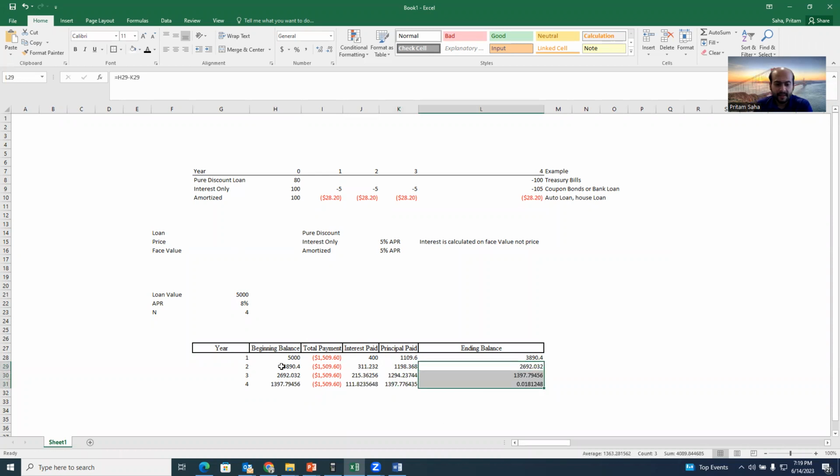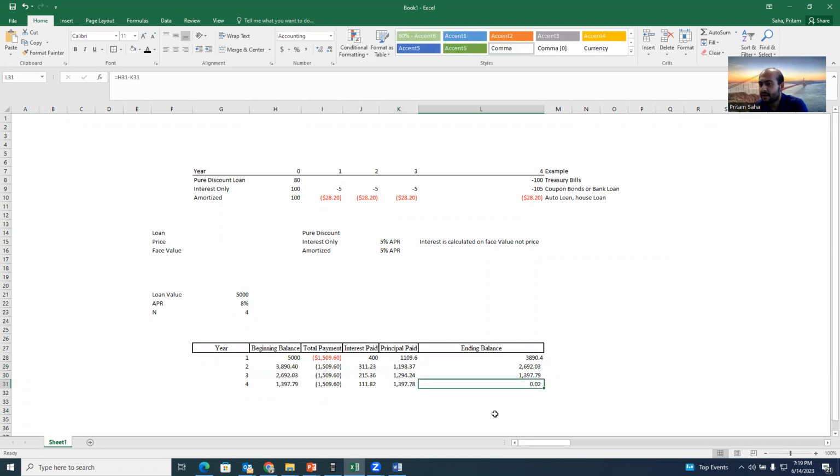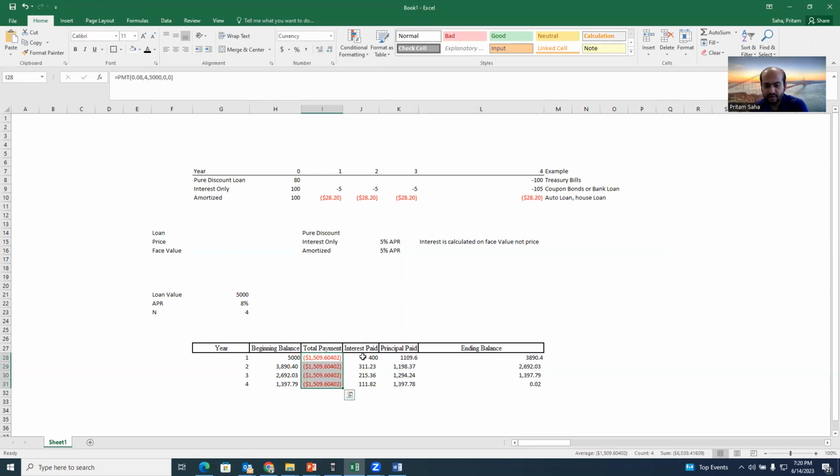Okay. Now all got adjusted. If you look carefully, we almost paid off the loan value. This is because we used fewer decimals. If we use more decimals, let's say at least 4, then it should not be any problem anymore.